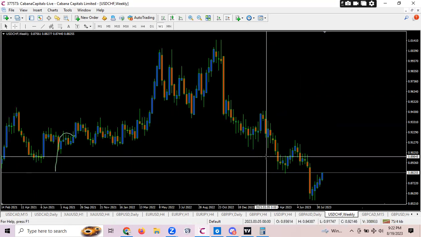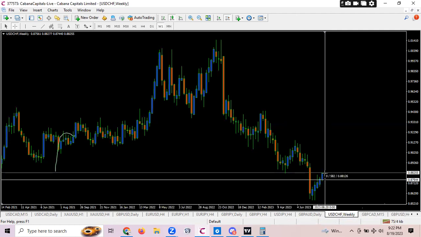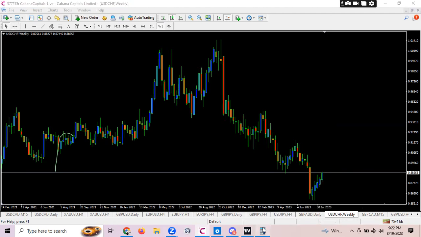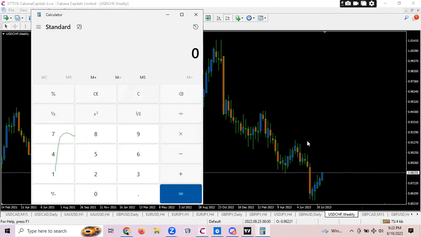So it's bullish. So this is above 50 pips, right? So we can get our pivot value on this candle. 0.8827 points.